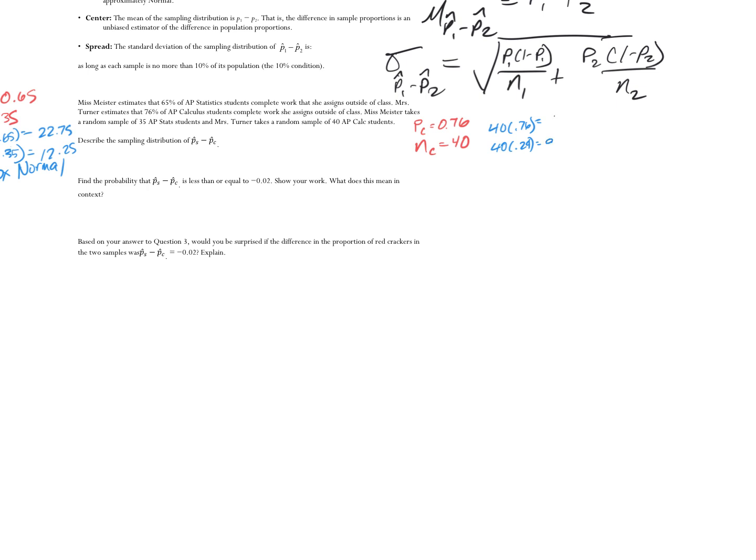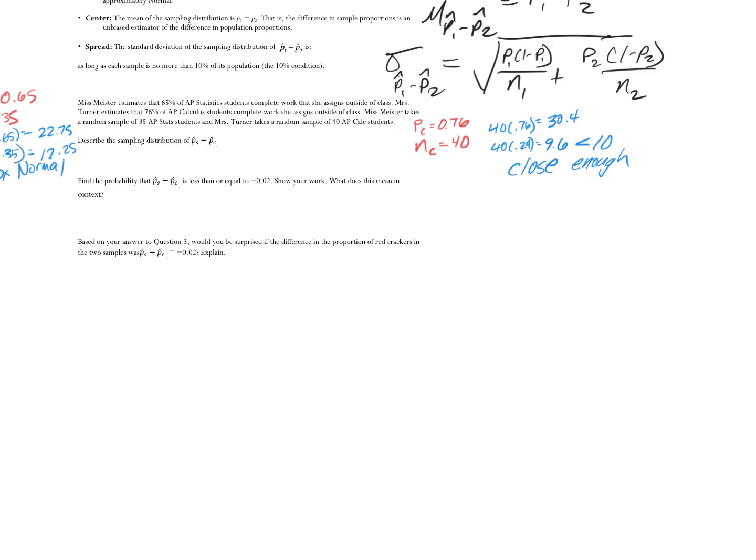Well, for the 40 times 0.24, and then for the 40 times 0.76, I got 30.4. Technically, not normal, because 9.6 is less than 10. But for now, we're just going to call this close enough. Some people use 5 as the cutoff instead of 10. Because we're subtracting with another normal distribution, it's going to be close enough.